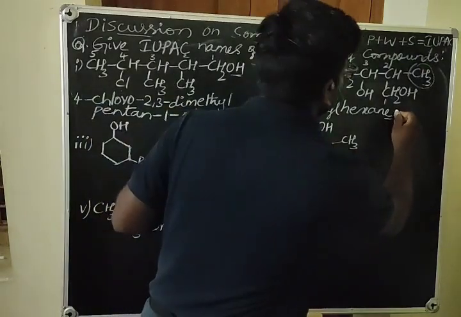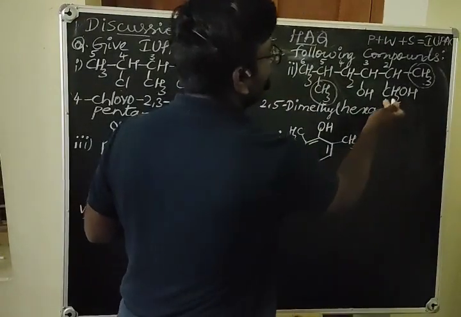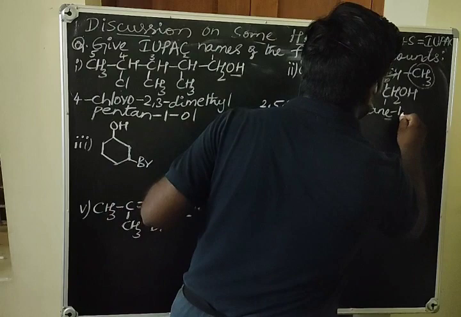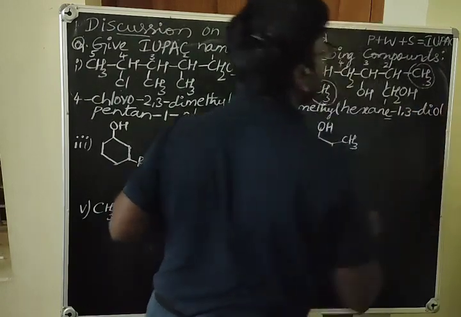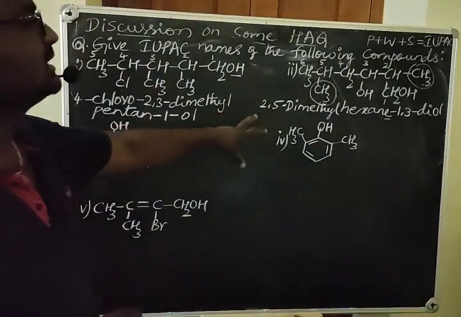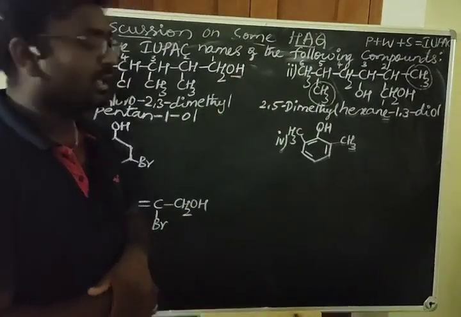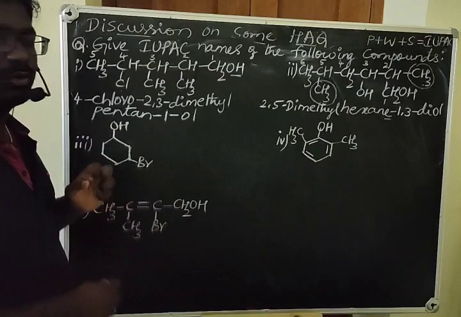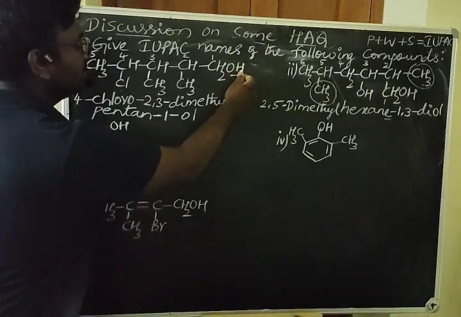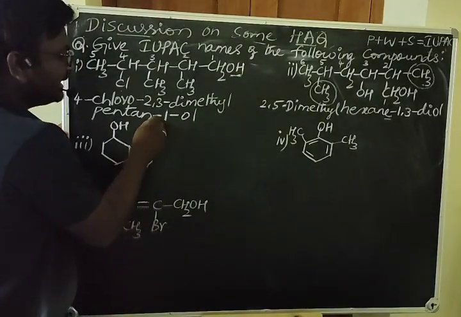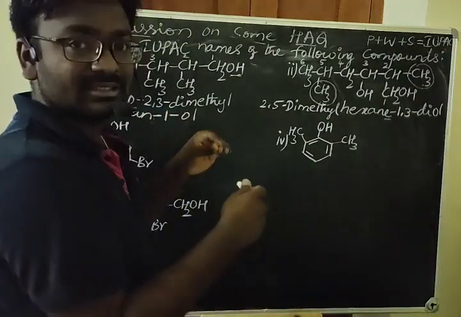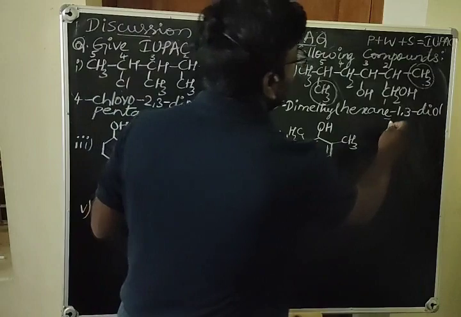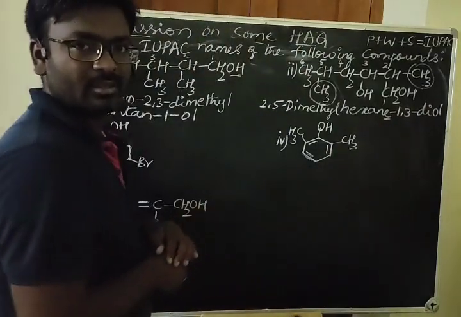Now hexane and the position of the OH groups are 1 and 3, so 1,3-diol. So this is the IUPAC name of this compound. Whenever only one functional group is present, like here, you replace the E with OL, but when more than one similar functional group is present, you should keep that E.